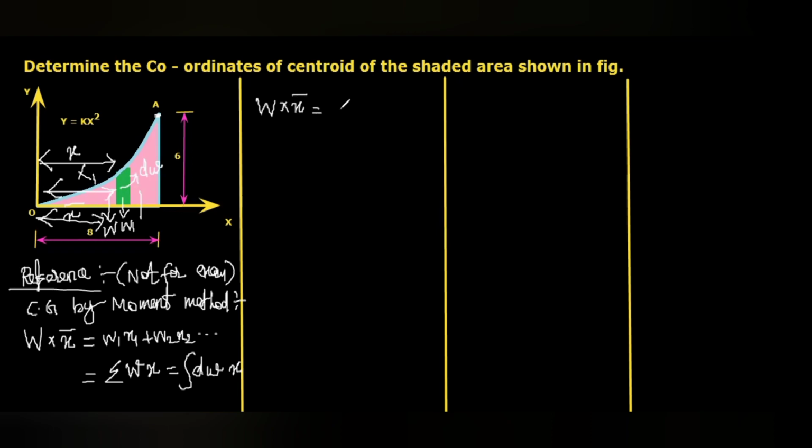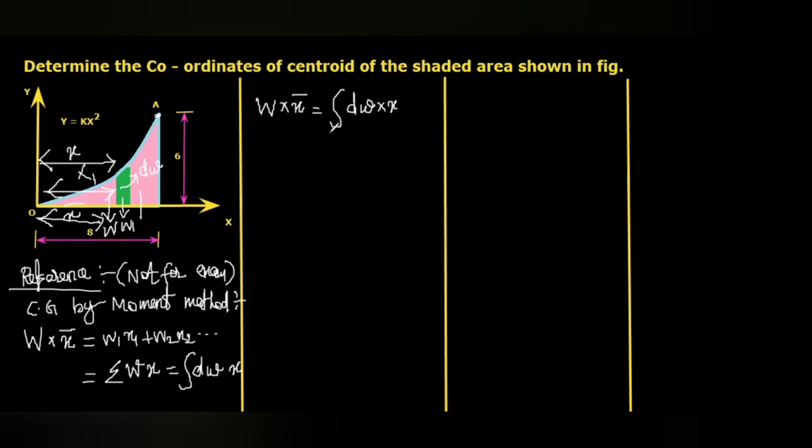That is equal to the integral of dW multiplied with x. For the small strip, what will be its weight, and where does it act from the origin in this integral?